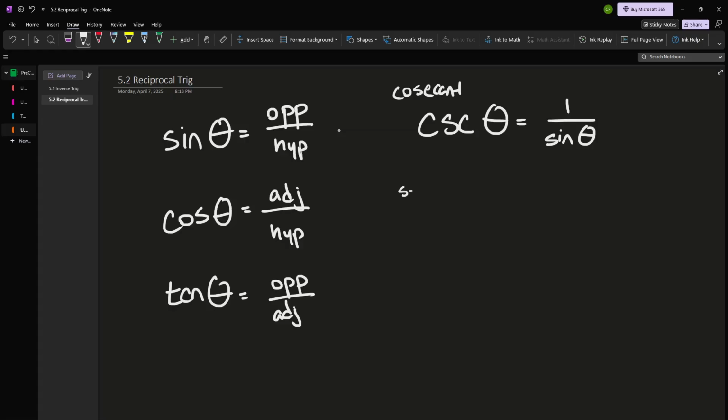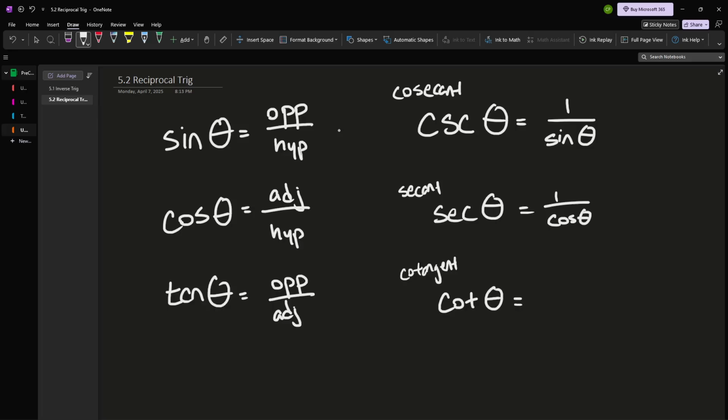Secant of theta is equal to 1 over cosine. And cotangent of theta, C-O-T, is equal to 1 over tangent of theta. These are useful, but we'll talk about its use in a little bit.